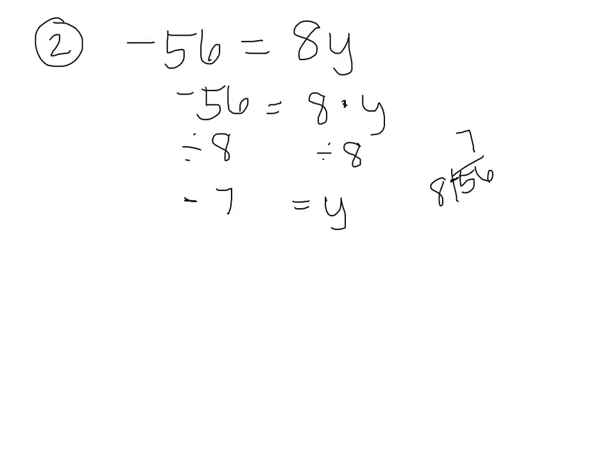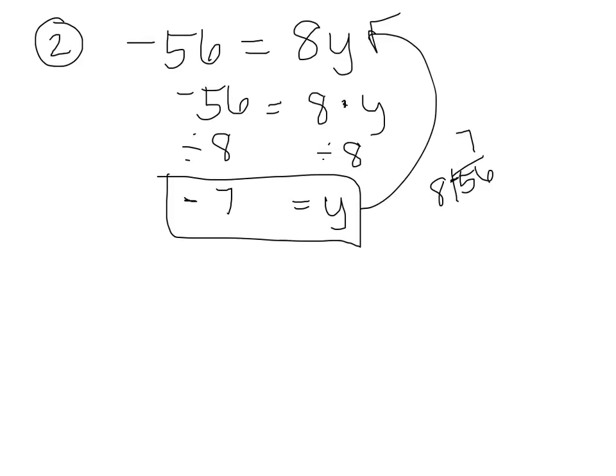And just like the last thing that we did in 2.5, I can always check my answer by plugging it into the original problem up here. So I would do negative 56 equals 8 times negative 7.